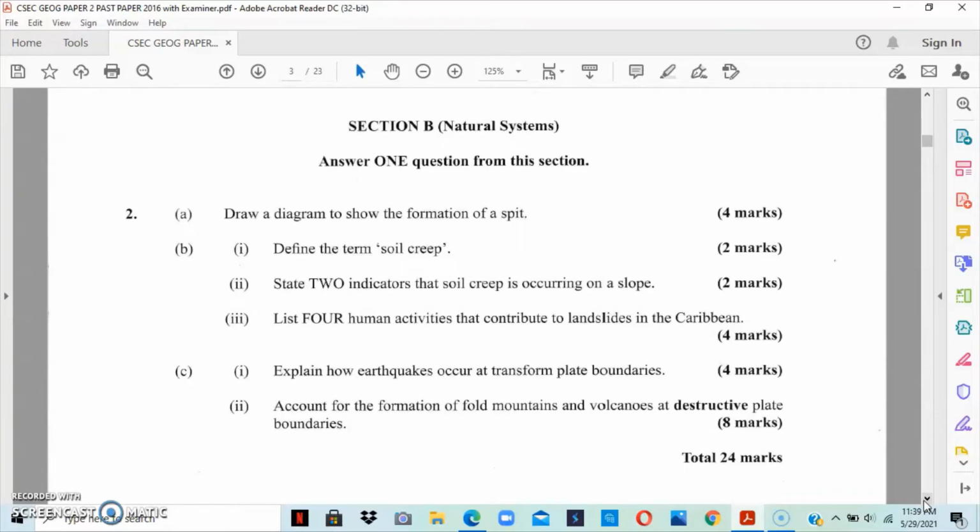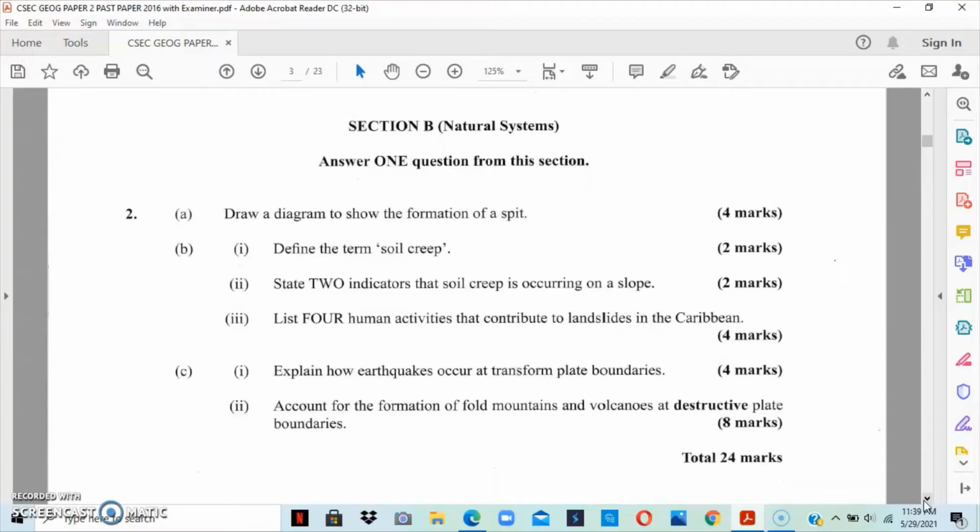So the first question asks us to draw a diagram to show the formation of a spit. Now, a spit is a narrow or extended stretch of sand or pebble that juts out into the sea from the land. How is a spit formed?